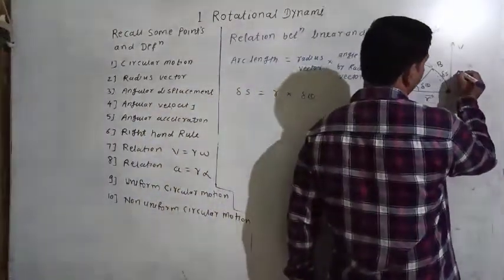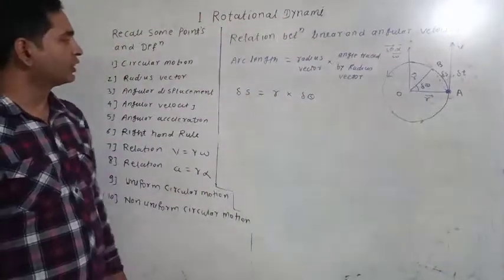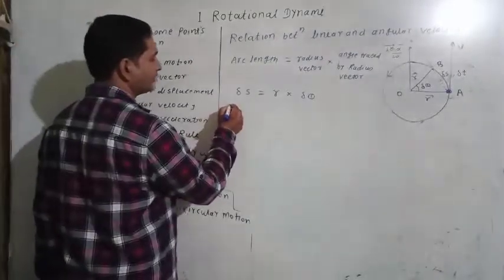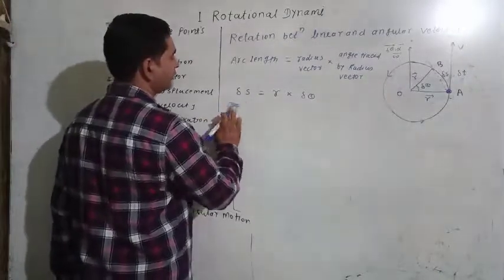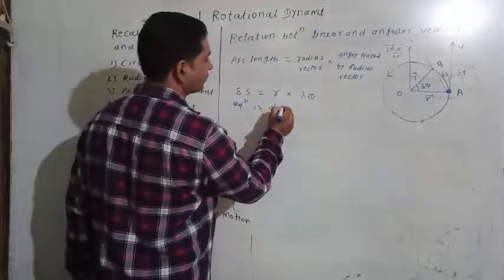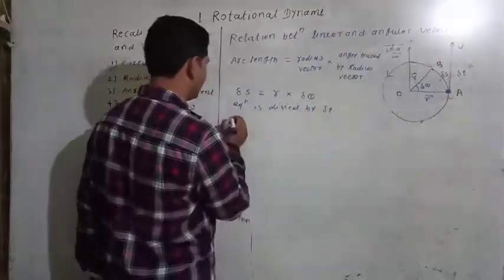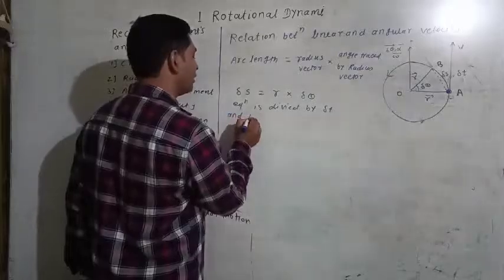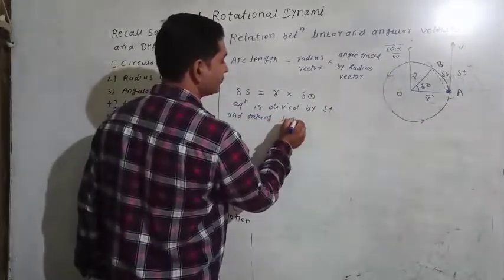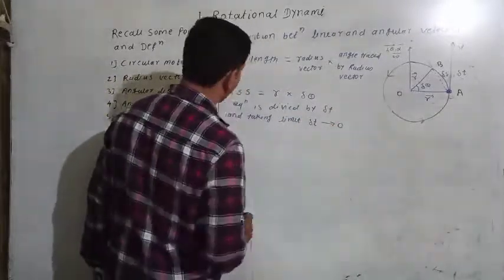So we take the instant change in time del t, and divide this equation by del t, taking the limit del t tends to 0.